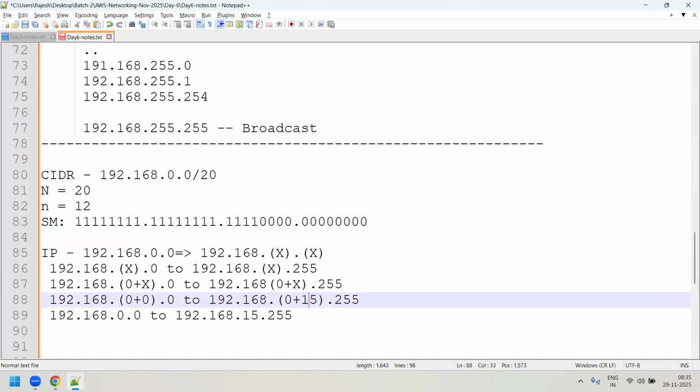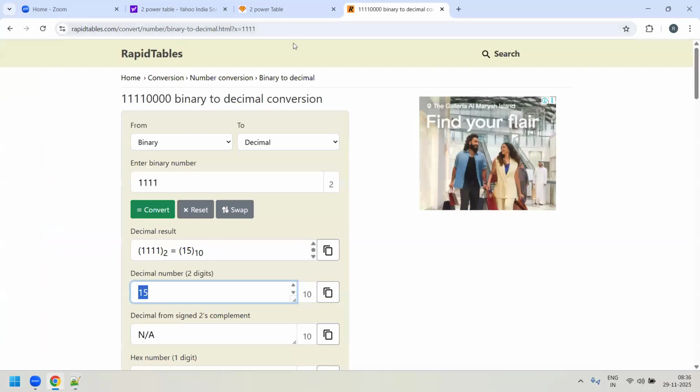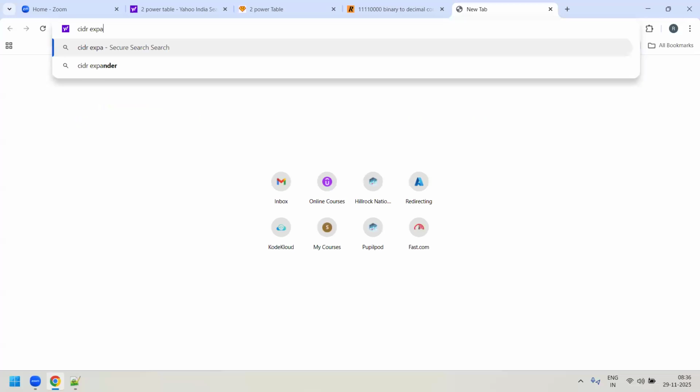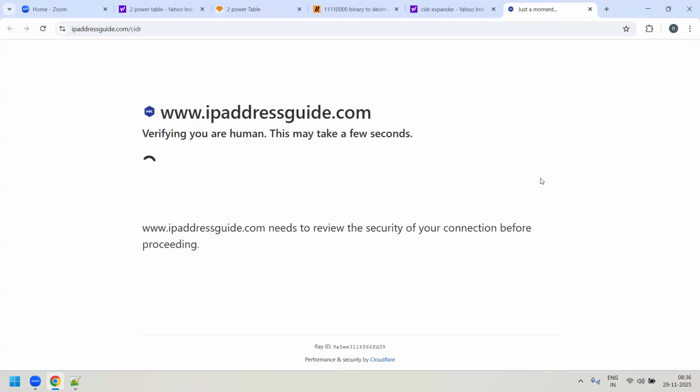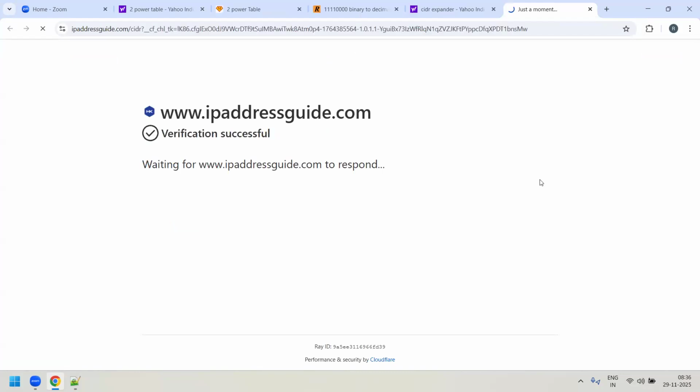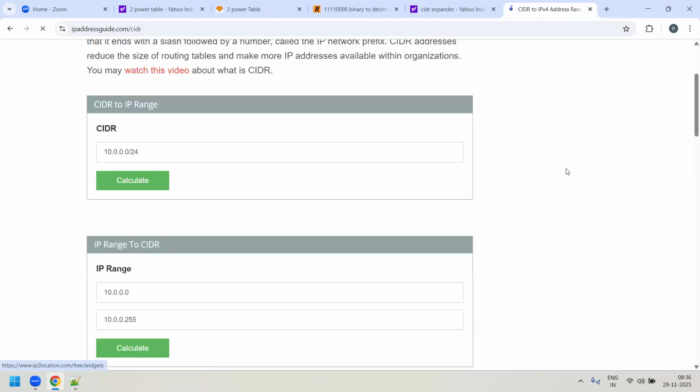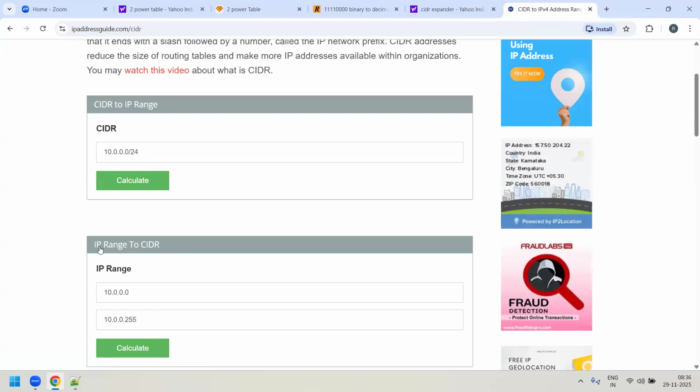Am I clear, sir? Okay. Now, if you go to the internet and try to check it with a CIDR expander, you can use any one of the utilities. If I go here, you could see that this is a CIDR.